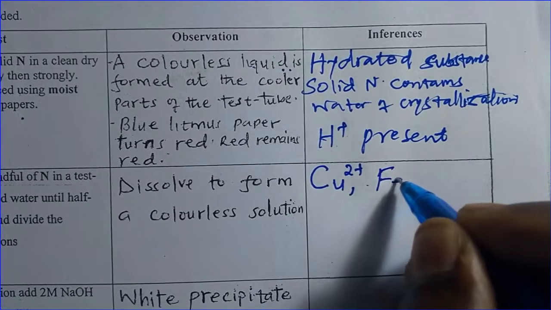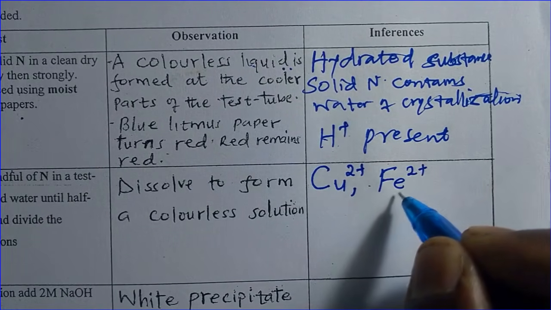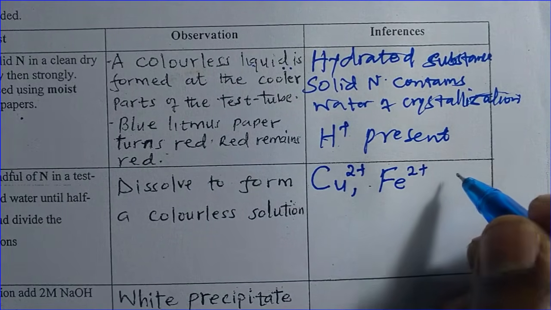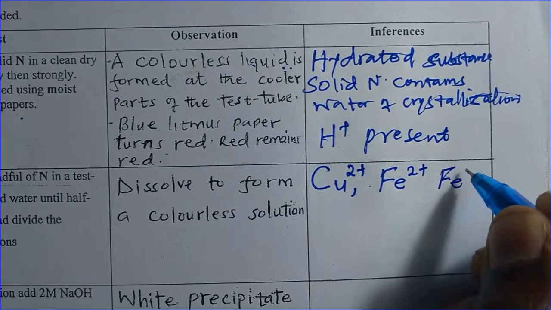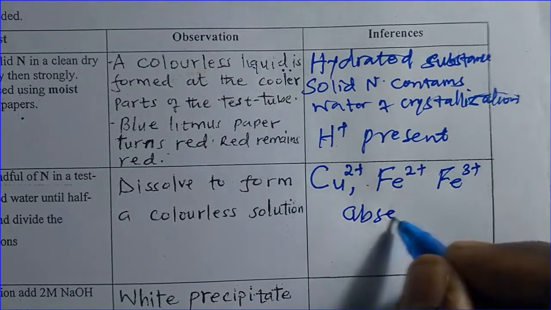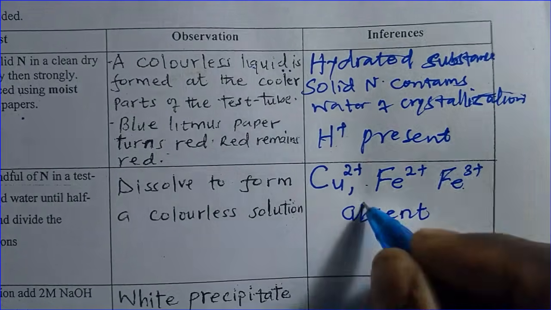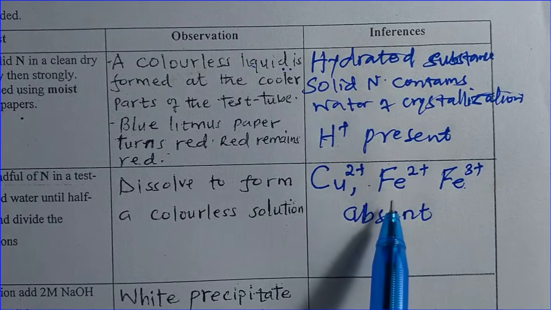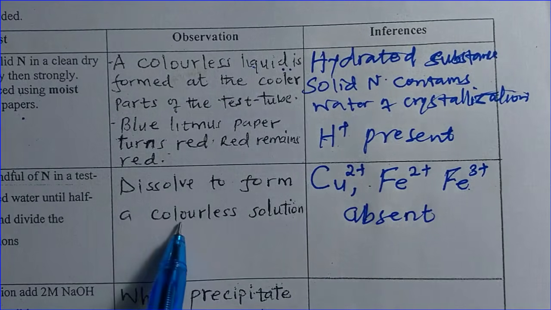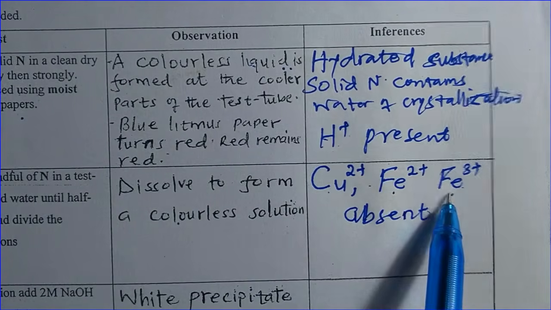Iron 2 is absent because this one is green. And iron 3 is absent because it is brown. So you write these absent because it is colorless. This is blue, green, brown.